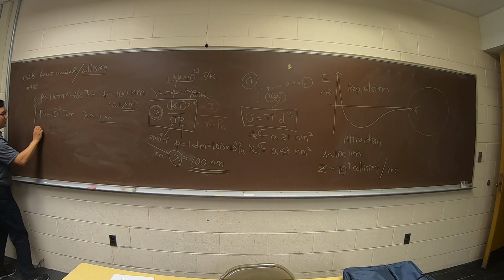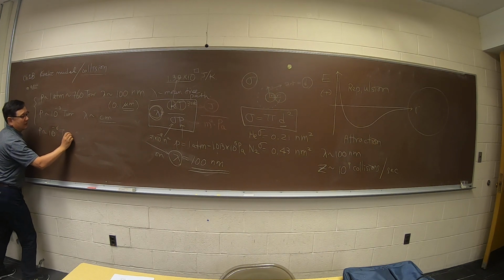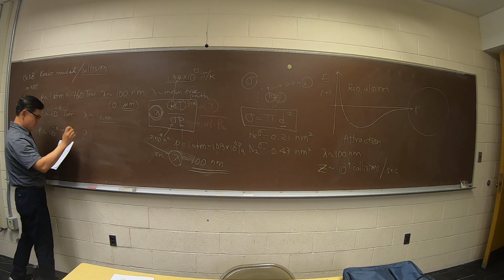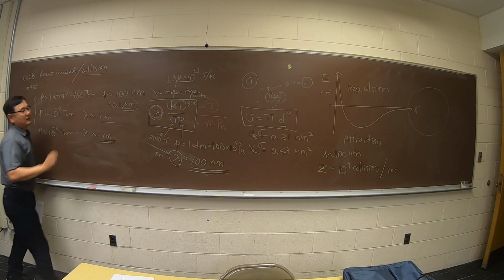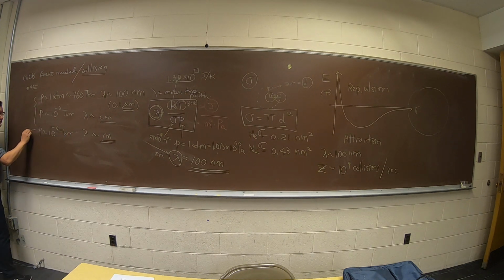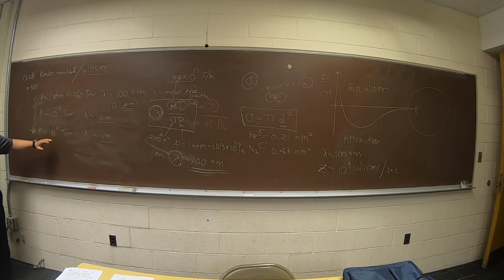Okay? And then if you bring the pressure down to 10 to the minus 6 torr, your average lambda is on the scale of a meter. And this is really the part that I want you to keep in mind. If you go to a vacuum science lab, if you're doing electron microscopy or some kind of vapor deposition, they use something called a turbo pump.